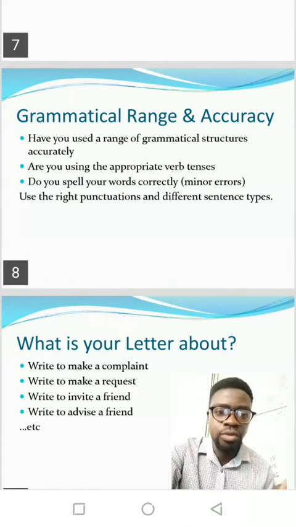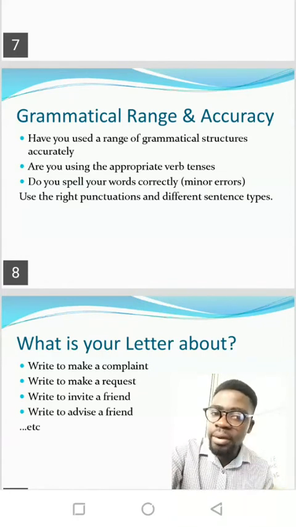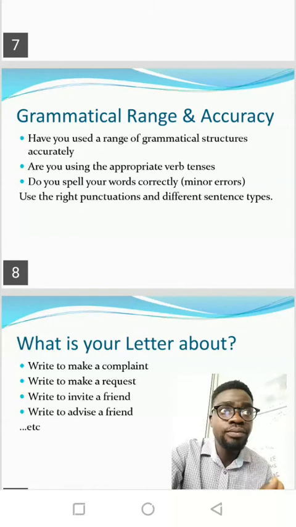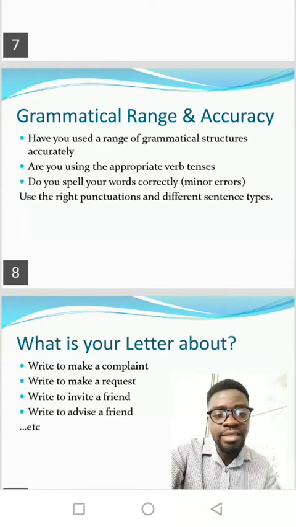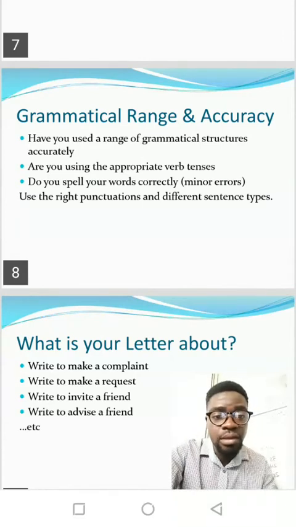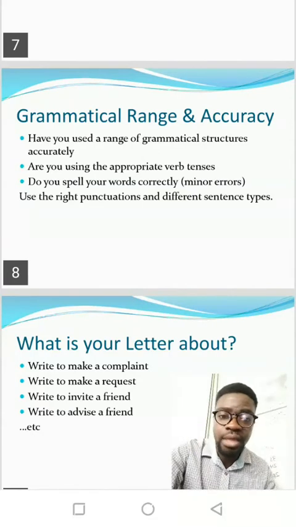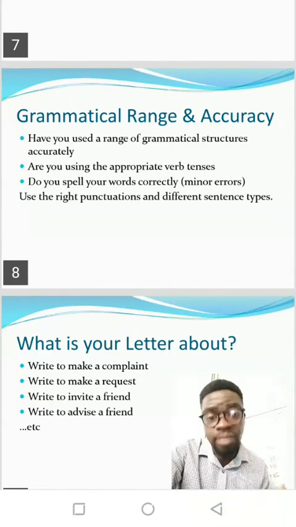The examiner is going to ignore these errors if they don't impede the meaning of what you're trying to write. Let's say spelling errors or a verb tense, one or two here and there, might be ignored. But if these errors are repetitive, if they are kind of frequent, then the examiner will know that you have a problem with some of these elements.